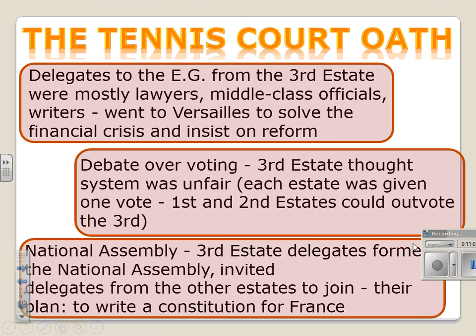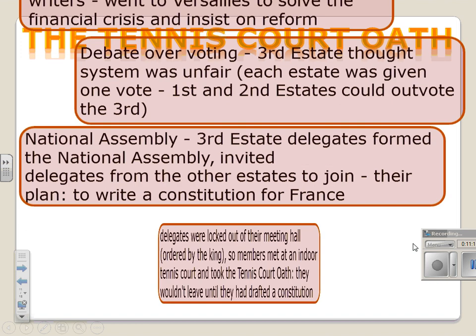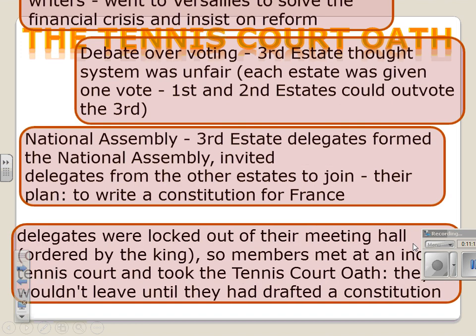They left the Estates General to form the National Assembly. Louis XVI is now losing control of his government. So delegates of the National Assembly, or the Third Estate, are locked out of the Estates General, and they're ordered by the king to leave.